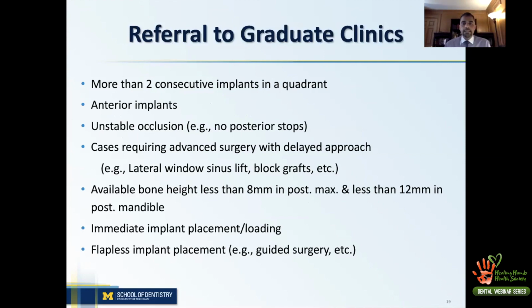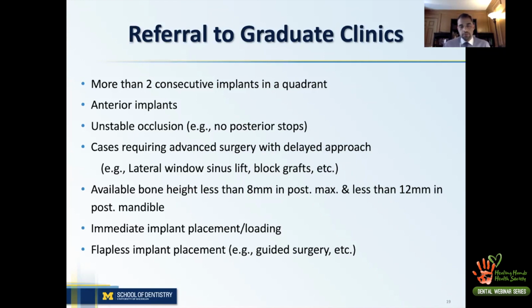The cases that do not qualify as a pre-doctoral implant patient and need to be referred to the graduate clinics are patients who have more than 2 consecutive missing teeth that would require either 3 implants or 2 implants and a 3-unit bridge. Something like that would be considered beyond the dental students. Any anterior implants that would be a little bit more challenging due to aesthetic demands, those would be also sent to the graduate clinic.